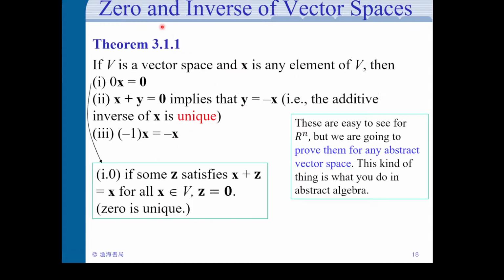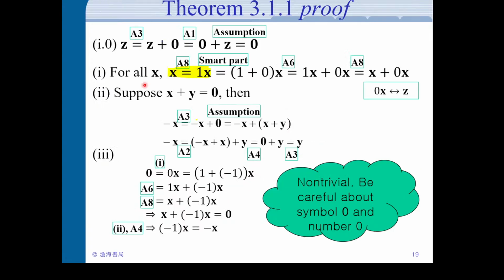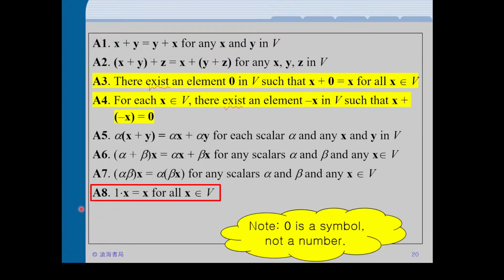Okay. If we are okay with 0 being unique, then now it's easier to prove that a scalar 0 multiplying any vector equals the 0 vector. The important part is actually something we kind of don't understand why it exists.